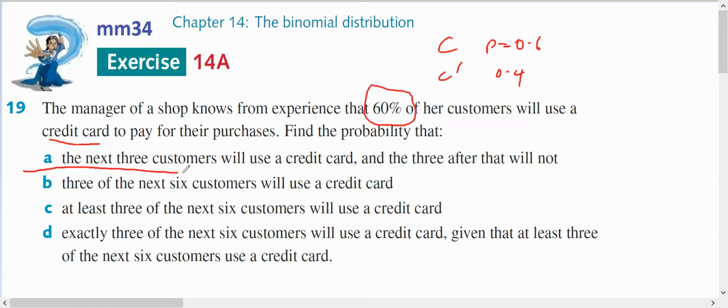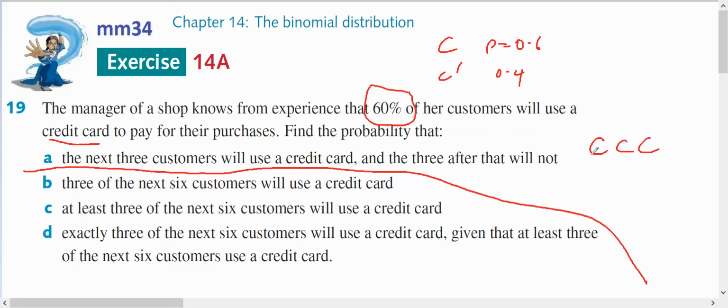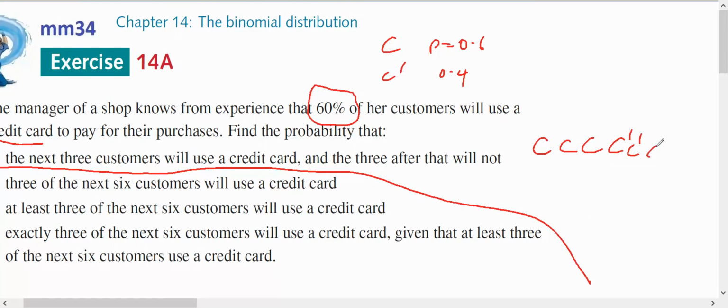In A, I know exactly what happens. We have 3 customers that use a credit card and then 3 customers that don't. That's not binomial, because I know that on the first customer it was a credit card, not 2 options. And on the second one it was a credit card, and on the third it was a credit card, and the fourth didn't, and the fifth didn't, and the sixth didn't.